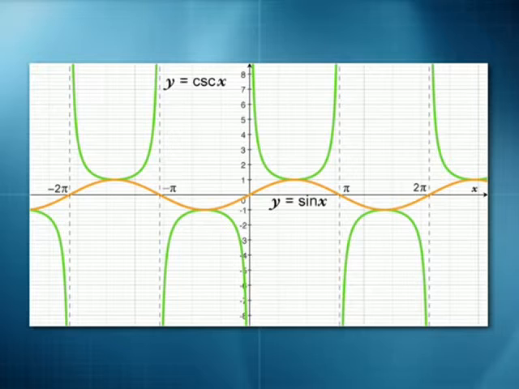And then I've drawn cosecant x. And notice how it comes down and kind of kisses the sine function at various values. It kisses it when x is pi over 2, because sine of pi over 2 is 1, and so is cosecant of pi over 2. At pi, sine is 0, so cosecant has a vertical asymptote.